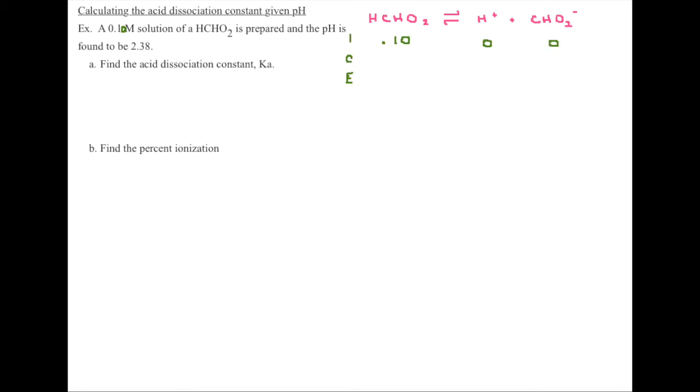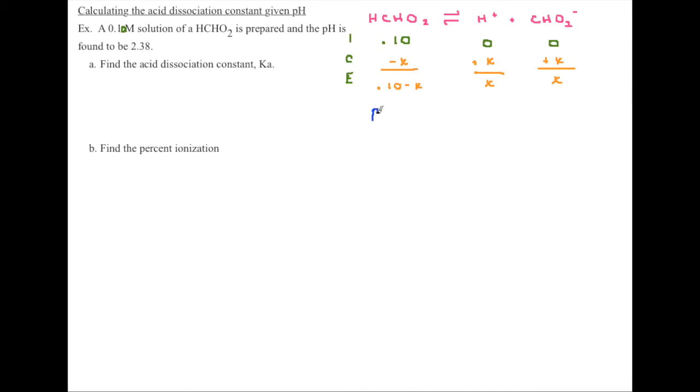I know stoichiometry-wise that the change is going to be a loss of that acid by X. This is going to gain by X, and that's going to gain by X as well. Okay, so I know that my equilibrium concentration of my acid is going to be this, hydrogen, and that.